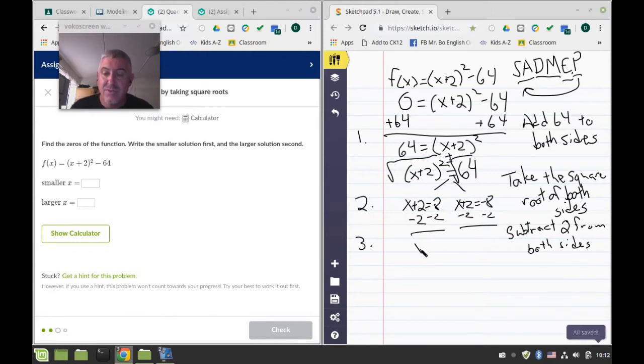Alright, subtract 2 from both sides, so that means x is equal to 6, or x is equal to negative 10. And it wants the smaller number first. Which one is smaller? The negative number is smaller.